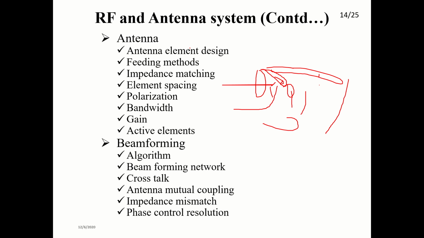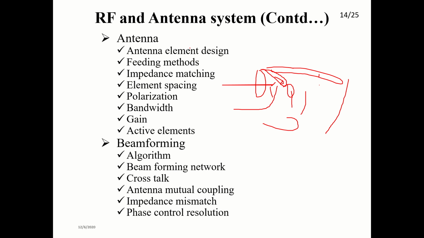Next is the element spacing. That dictates the mutual coupling and what sort of side lobe levels, what sort of beam width, and what sort of gain. That plays a major role. And next is polarization. Polarization is what I have mentioned. When you deal with a dual polarized antenna, you will have a cross polarization issue. Dual polarized means you need to have almost similar patterns in both polarizations, otherwise we cannot call it dual polarization.